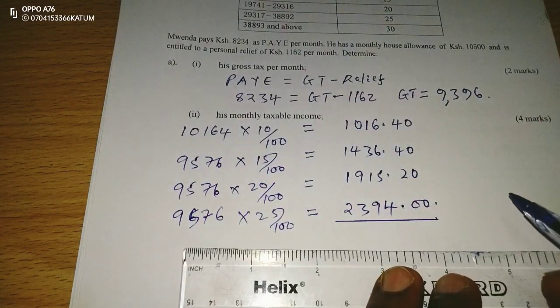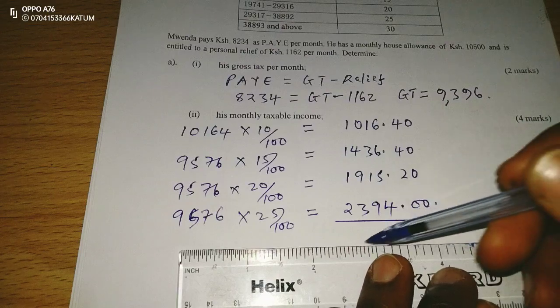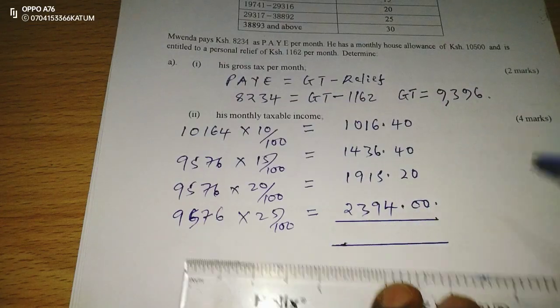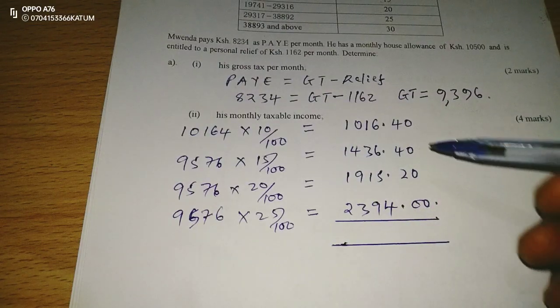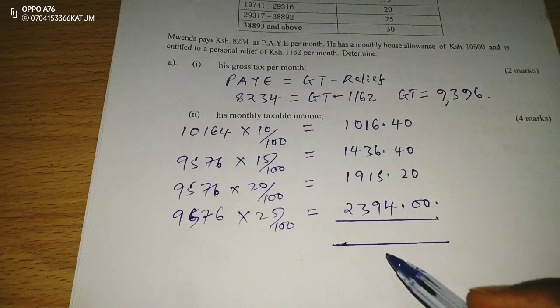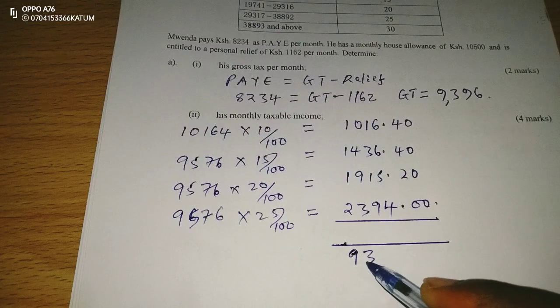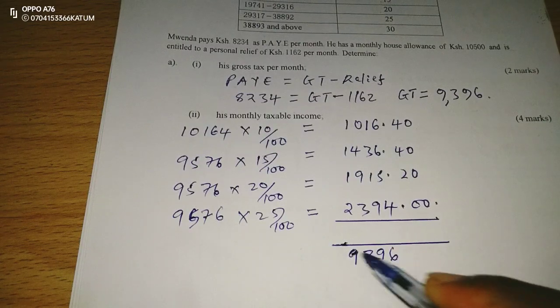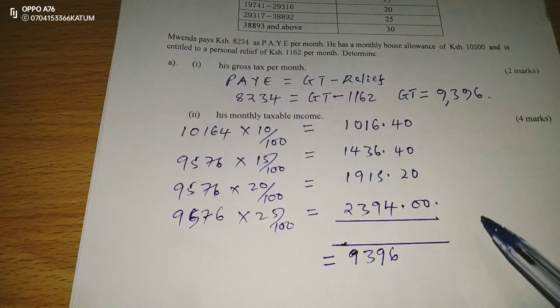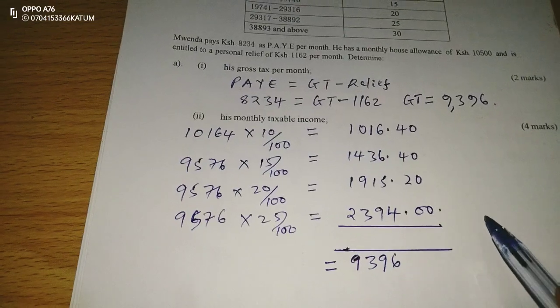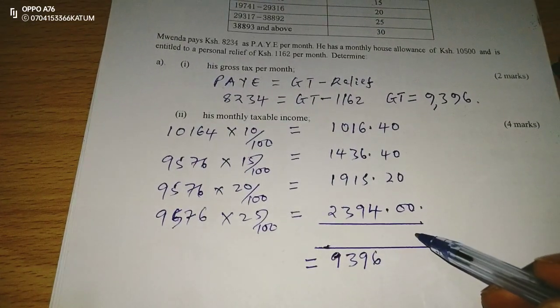That means there is an amount from the last bracket such that when all the taxes are added, we're going to get 9,396, the gross tax. That means we should find the missing amount.